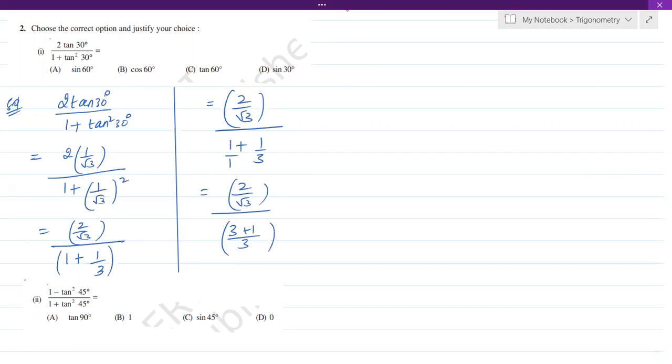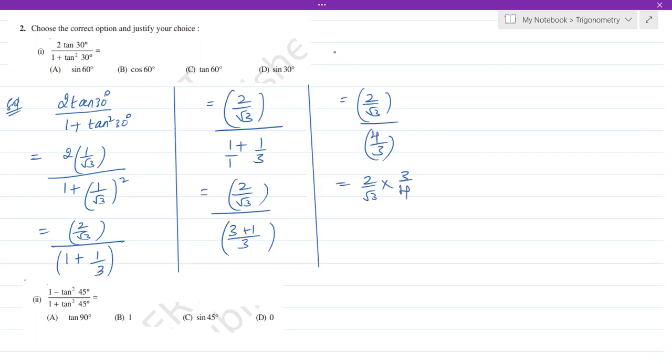Therefore, we get 2 by root 3, 3 plus 1 is 4 divided by 3. 2 by root 3 as it is, reciprocal it, you get 3 by 4. 2 1s are 2, 2 2s are 4. Therefore, it becomes 3 by root 3 into 2 is 2 root 3.